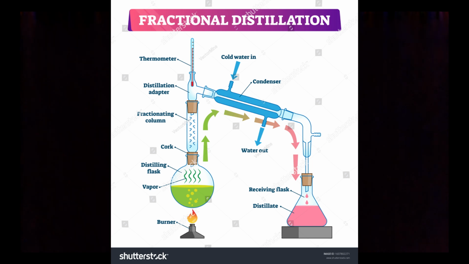Suppose you heat this liquid, the temperature rises and reaches the boiling point of liquid A. I consider that the boiling point of liquid A is lesser than the boiling point of liquid B.